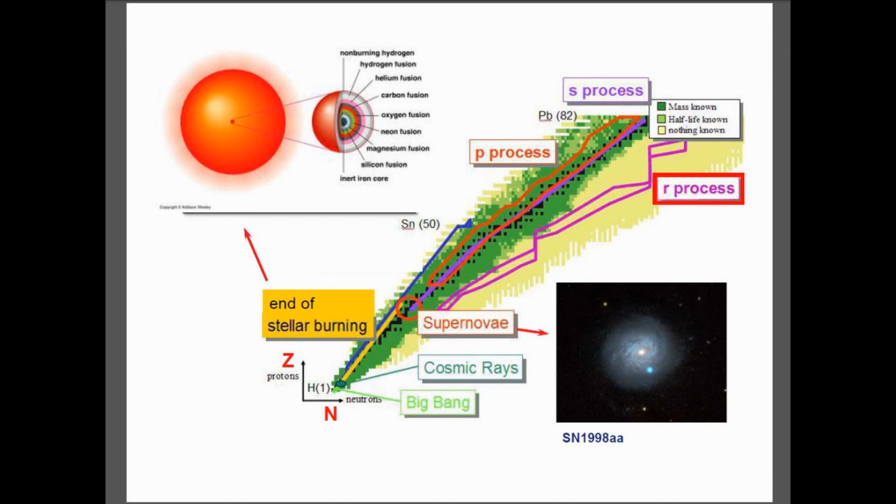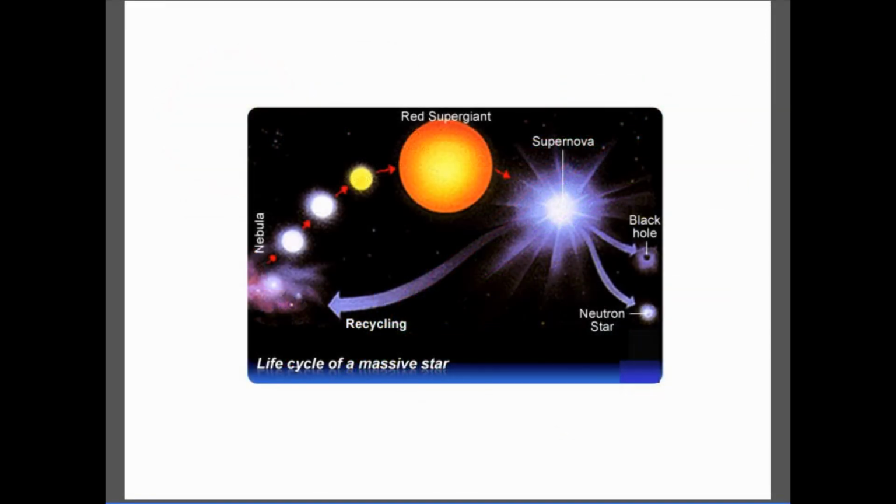And eventually, if it's a massive star, this is how some of the heavy elements are produced and dispersed back to space, leaving behind either a neutron star or a black hole. But this material which has dispersed eventually recollapses and forms a new generation of stars. So this is how we understand that the galaxy gets enriched in chemical elements.